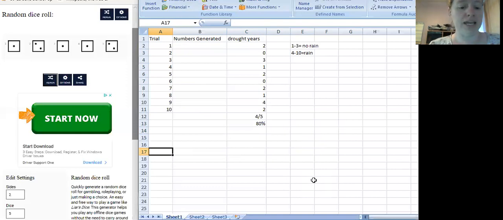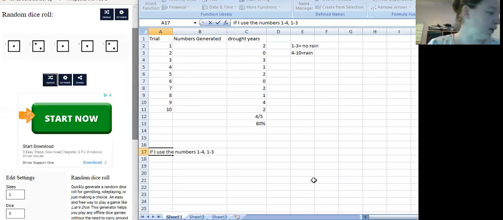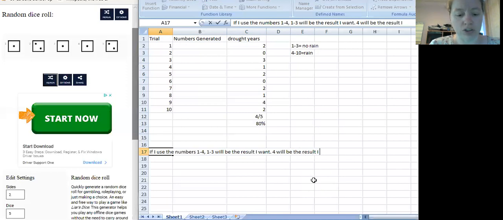So we're looking at, if I use the numbers 1 through 4, 1 through 3 will be the result I want. 4 will be the result I don't want.